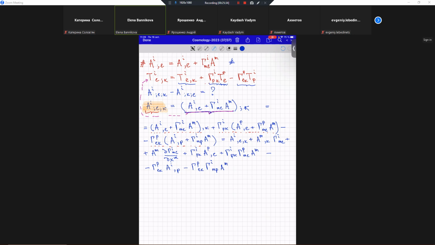enough long, but now we will enjoy the situation when we will kill a lot of summands, because now I will consider the derivative like this. But I change the places of L and K. Okay, the first covariant derivative by K and the second by L. But we immediately can write the final expression.